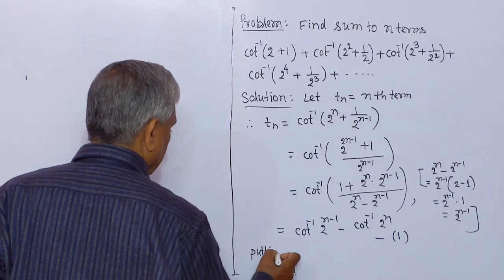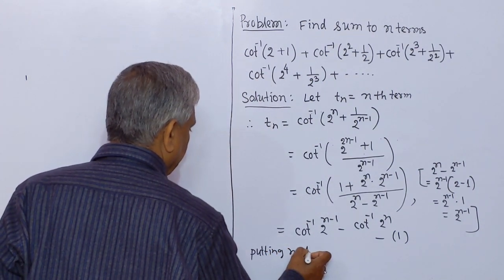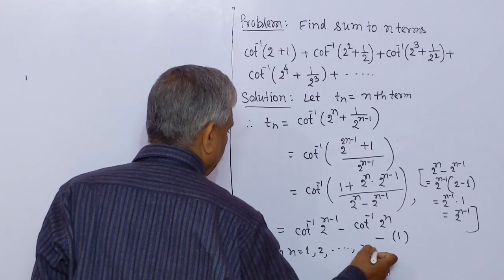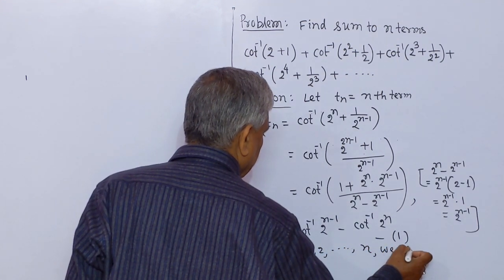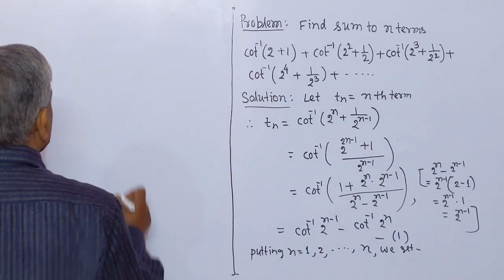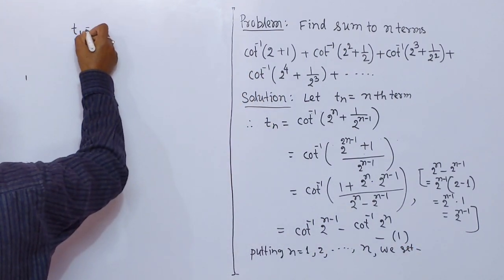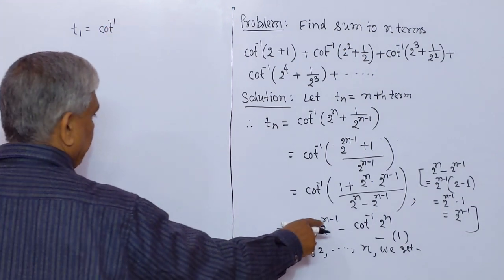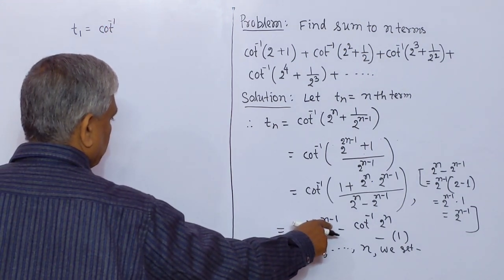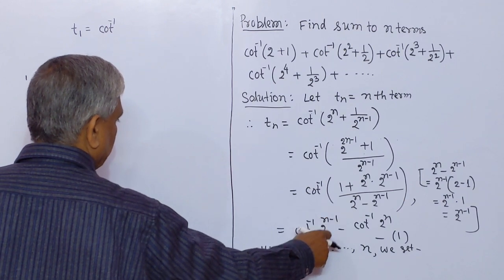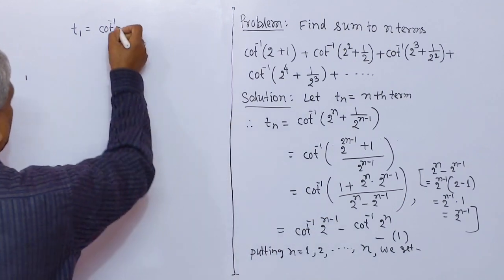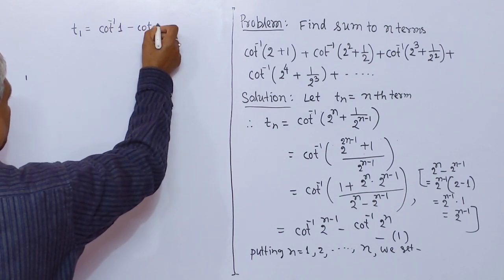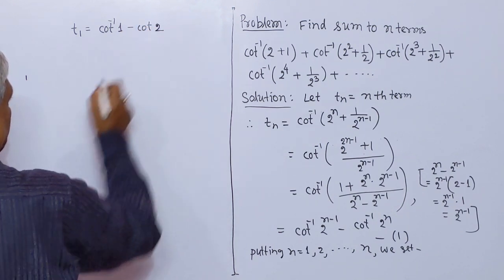Putting n equal to 1, 2, dot dot dot n, we get T1 equal to cot inverse, n equal to 1. So here 1 minus 1, 0, 2 to the power 0, 1, cot inverse 1 minus cot inverse 2 to the power 1, 2.